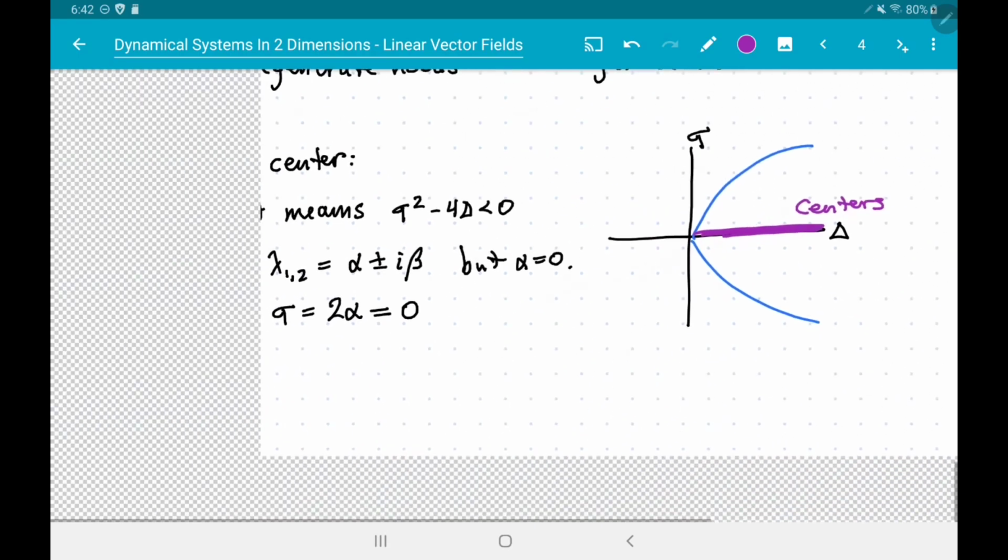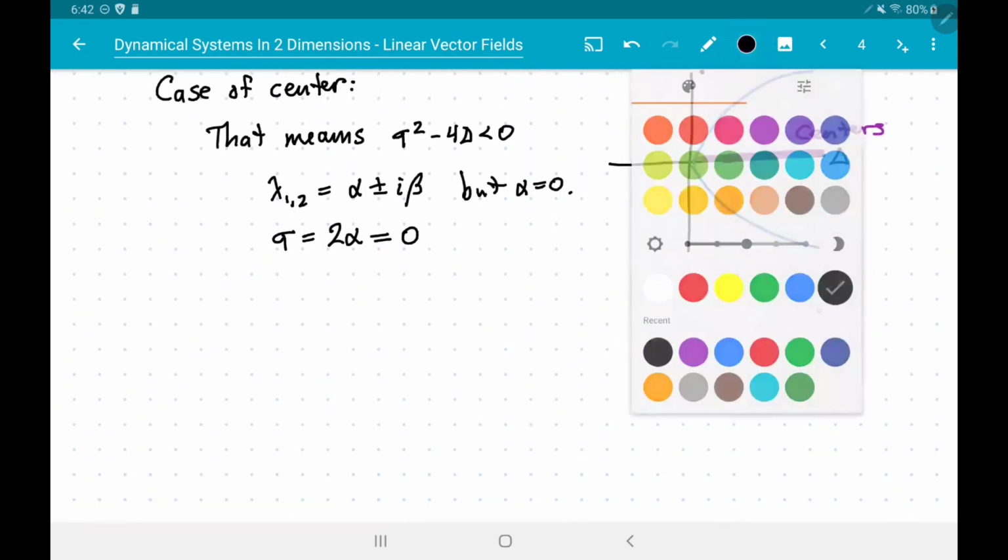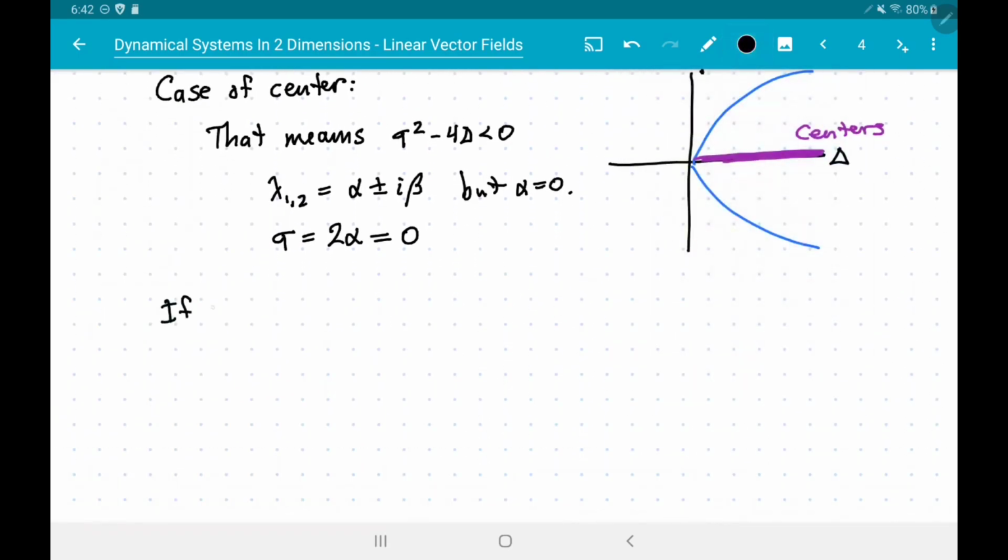Now, if the determinant delta is actually equal to 0, that means that one of the eigenvalues is equal to 0. And in this case, a lot of weird things can happen.